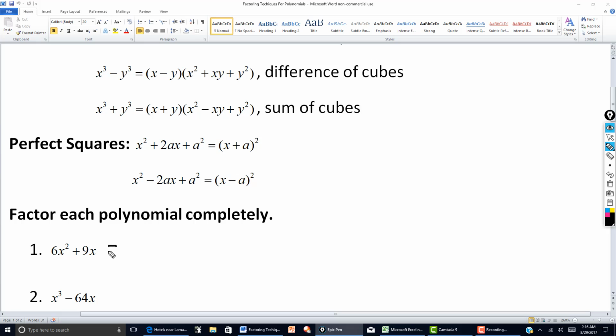You have your formulas for binomials. The main thing you want to look for when you initially try to factor is, do you have a common factor? Here you have 6x squared and a 9x, so you can see that each of these terms of the binomial has a common factor of 3x. So we can take out a 3x.